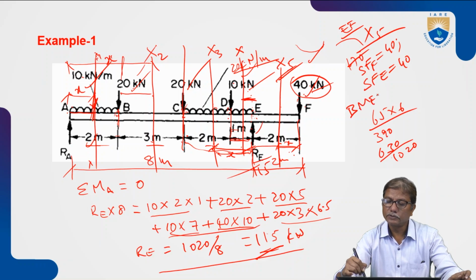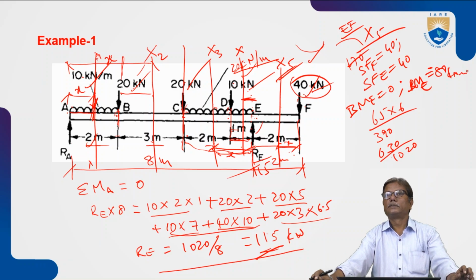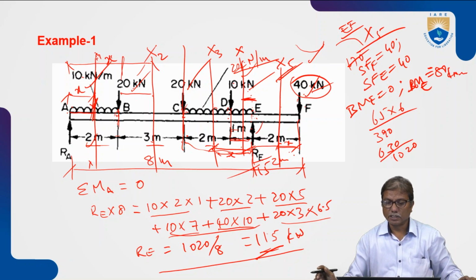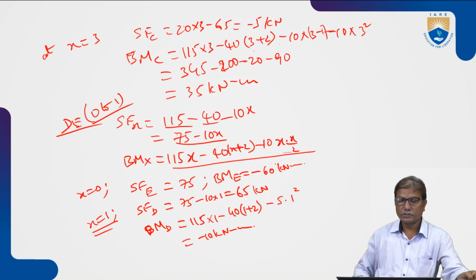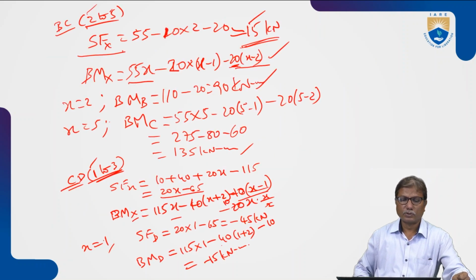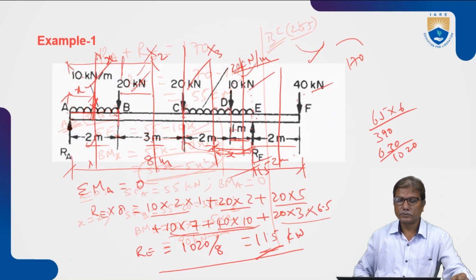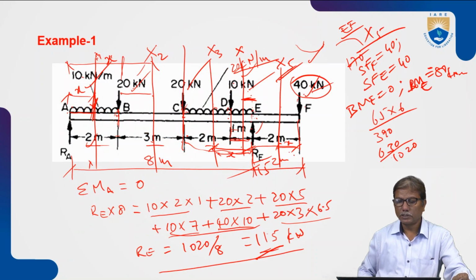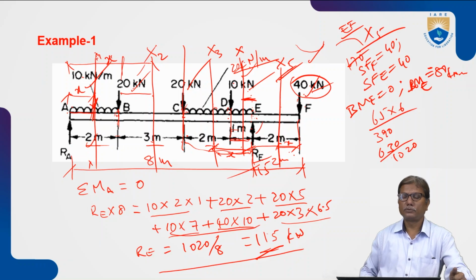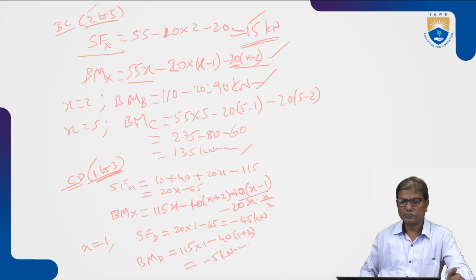Bending moment at F is 0 and bending moment at E is 40 into 2, minus 80 kilonewton meters. You can plot all these values. By plotting these values, we will be getting the shear force and bending moment diagrams.